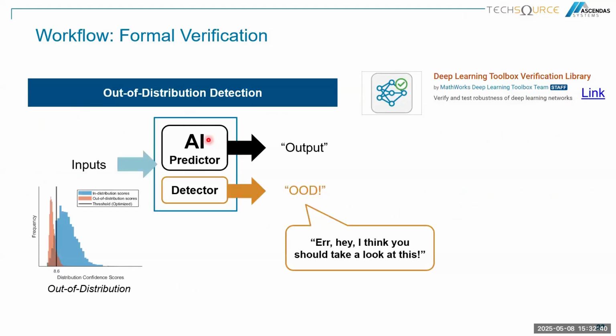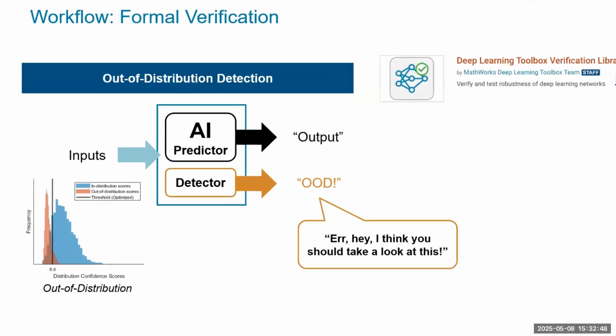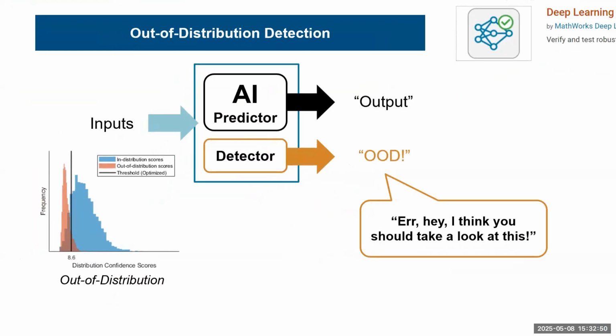For example, here is some result where you can check your output. We can test and see the distribution, where the blue is the in-distribution scores and the orange is the out-of-distribution scores, and the line is the threshold.